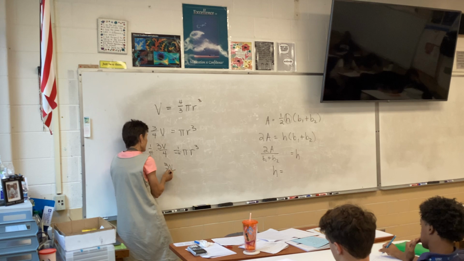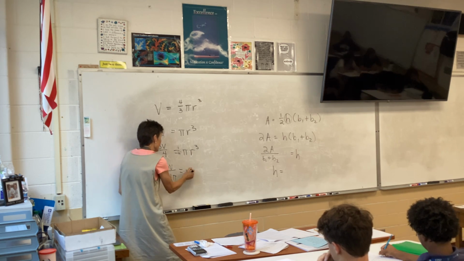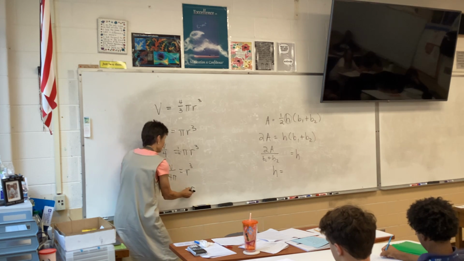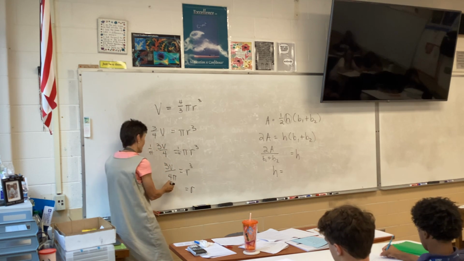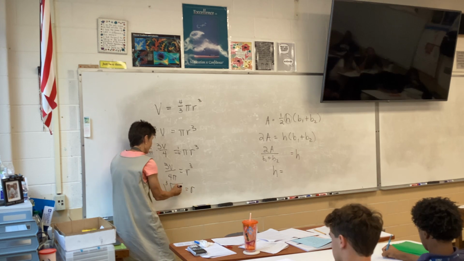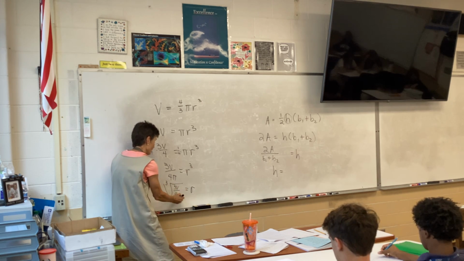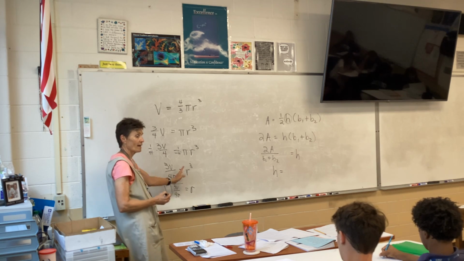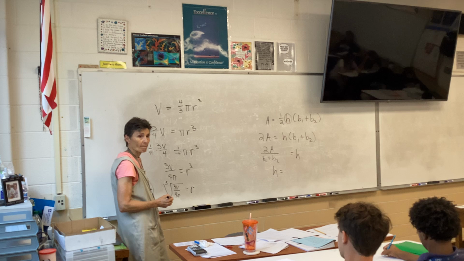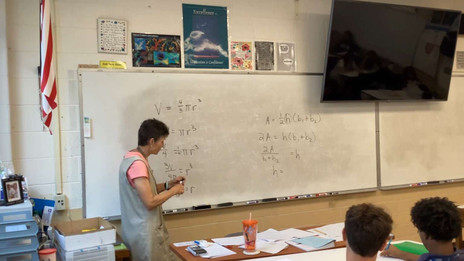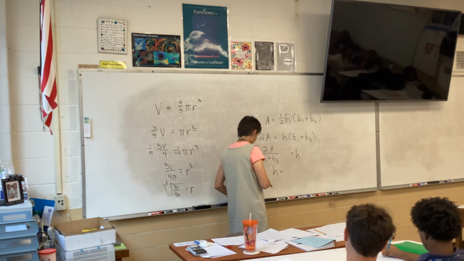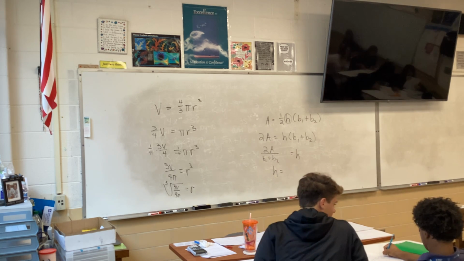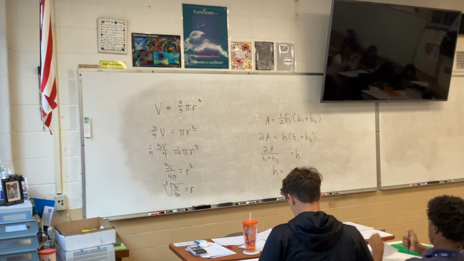So 3V over 4 pi equals R cubed. And then what's R? The cube root of 3V over 4 pi. The radical is the whole shebang. All right? Okay, that's enough for today.